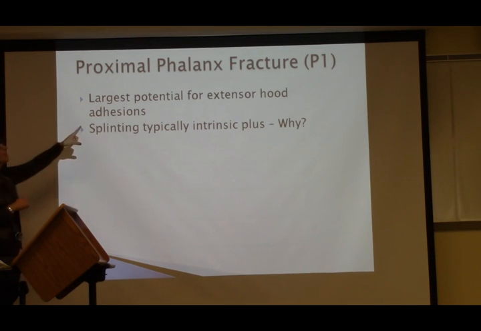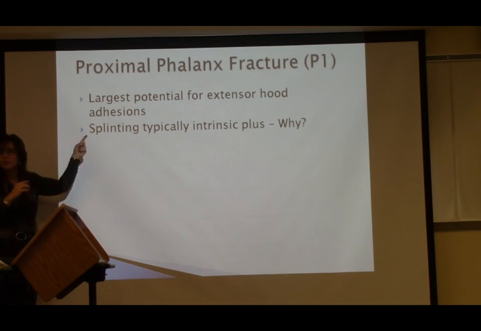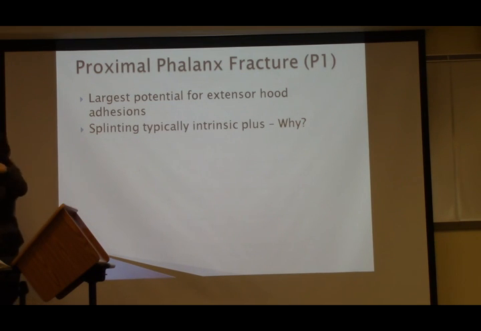The problem with the P1 fracture, and we talked about this when we talked about extensor tendon lacerations, is that P1 is so large, the extensor tendon lies right there, there's a lot of tendon to bone interface. The tendon lies right on the bone, so when you break the bone, scar forms, extrinsic healing occurs, latches on the tendon, and you get a tendon gliding issue very frequently with these fractures.